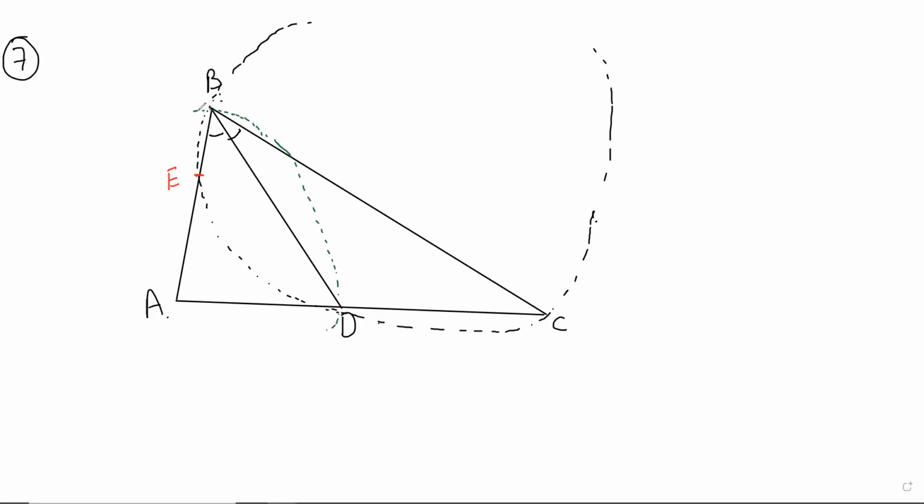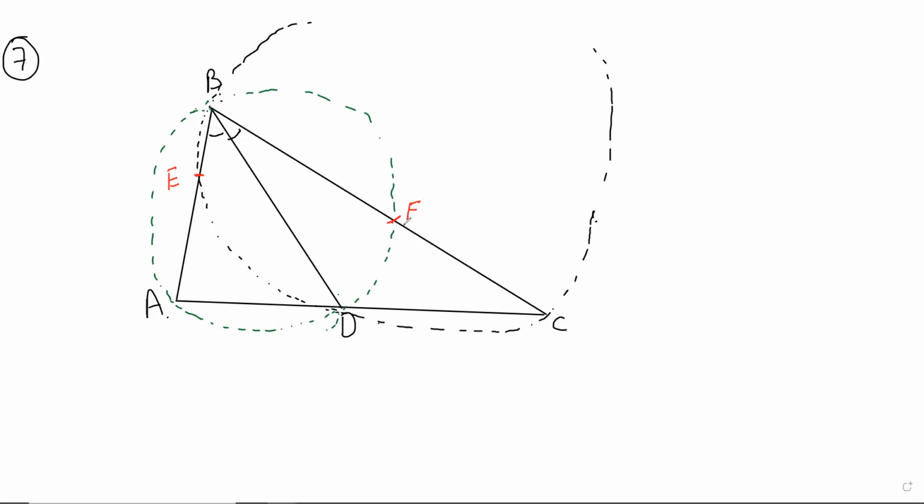No, this circle will not be like this. This will be more. And this is cutting, this is F, right?